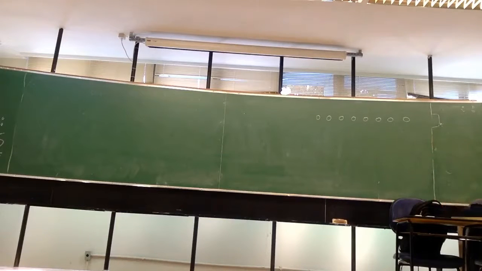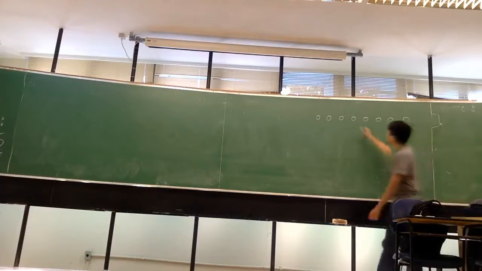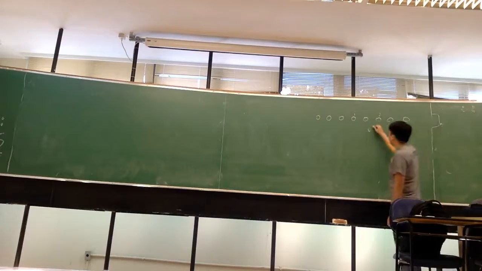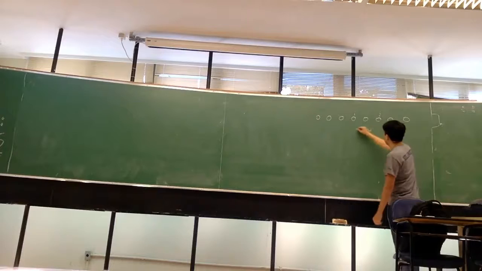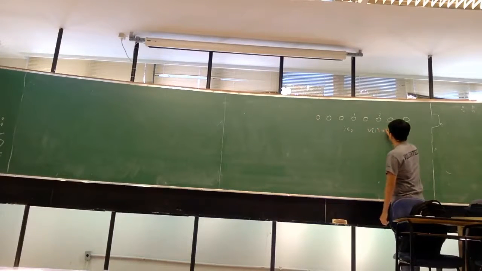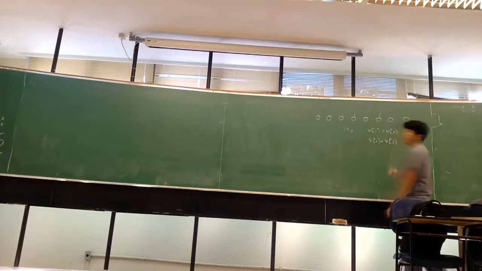And you have to find 2 indices i and j, such that i is less than j, b_i is greater than b_j, and b_i minus b_j is minimized.